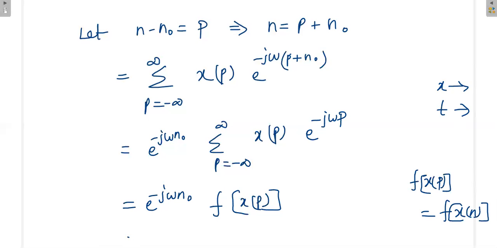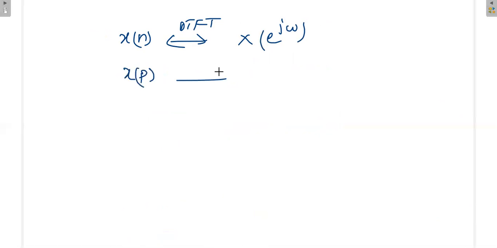So finally I can write e power minus j omega n naught and then X of e power j omega. So what I'm trying to say here: for x of n, I write the discrete time Fourier transform as X of e power j omega. Suppose the signal is represented as x of p; if I take its discrete time Fourier transform, I will also get X of e power j omega, where n and p are just variables.